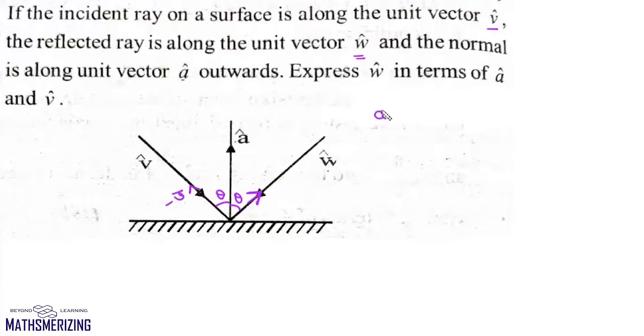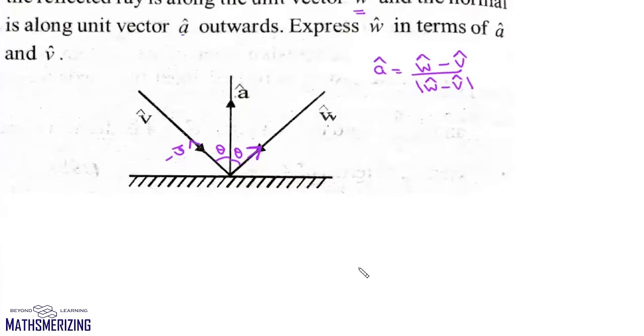So we can write this a cap as w cap minus v cap, and since it is a unit vector, it will be divided by mod of w cap minus v cap. Now first we will find the value of mod w minus v. So mod w minus v square will be mod of w square plus mod of v square minus 2 times w dot v.